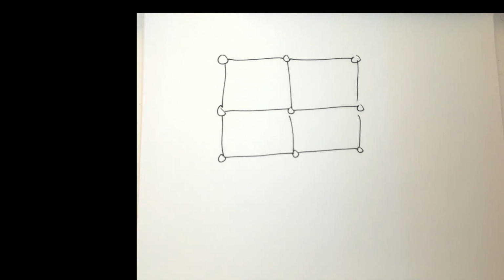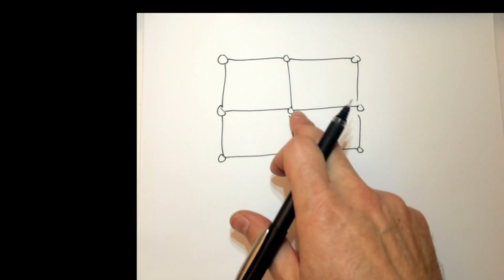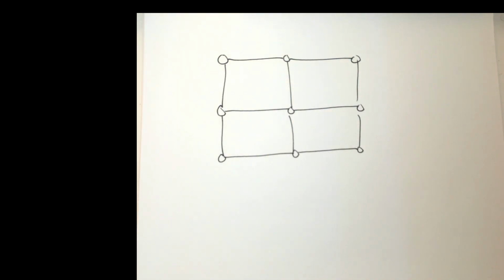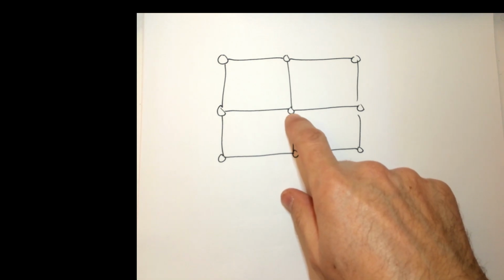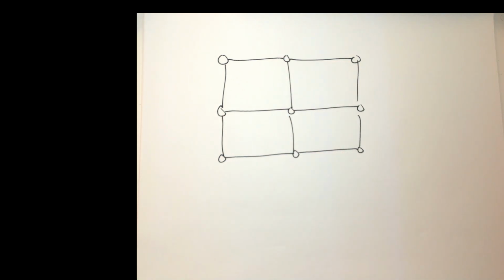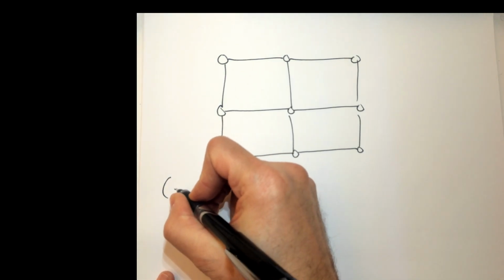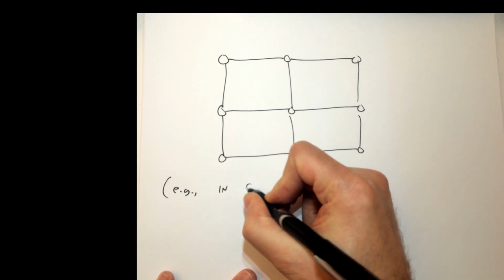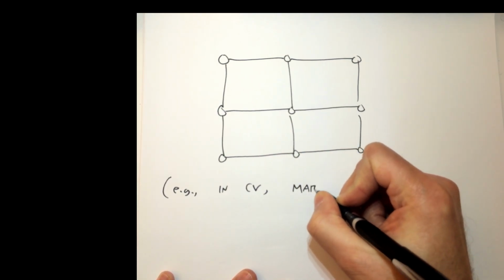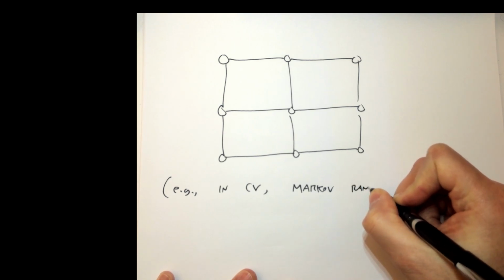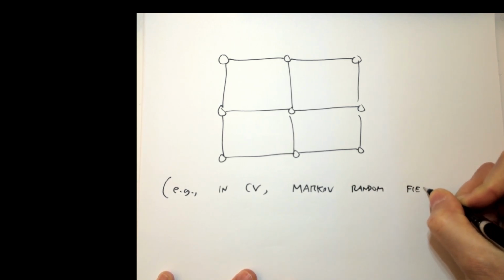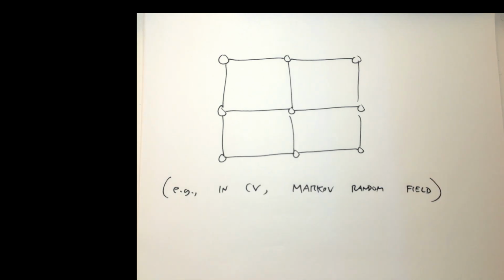Then I can think of the PDF of the entire set of pixels with a Markov type of independence, where each node's PDF really only depends on its neighbors. Then you get what's called a Markov random field, which is one particular type of graphical model.